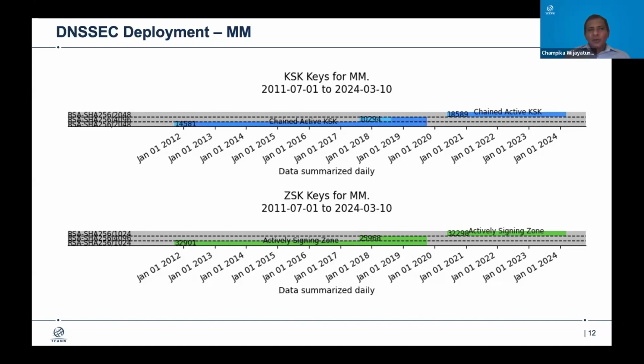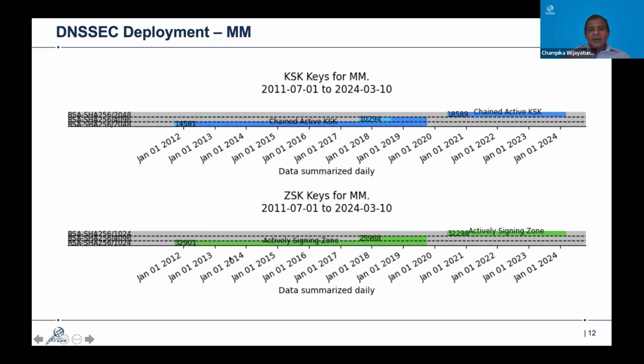Yes, correct. If you are signing manually, you have to keep a record and understand when your signature is going to expire for those records. But some name server software has built-in mechanisms to automatically monitor that process.